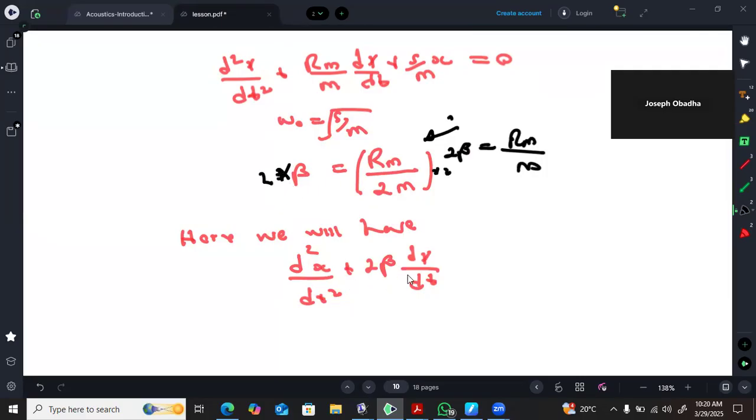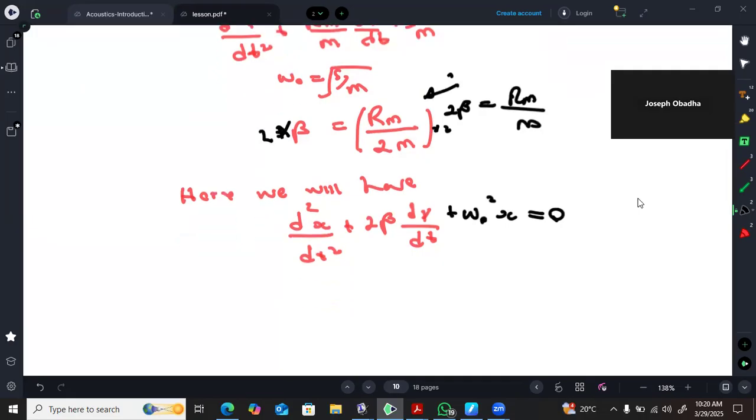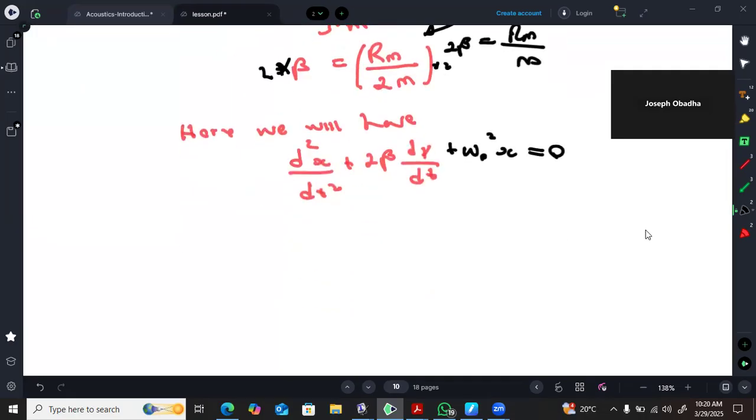So I have 2 beta there. Then plus omega naught squared x equal to 0. So this is the new equation describing the arrangement, and this is also just a differential equation.